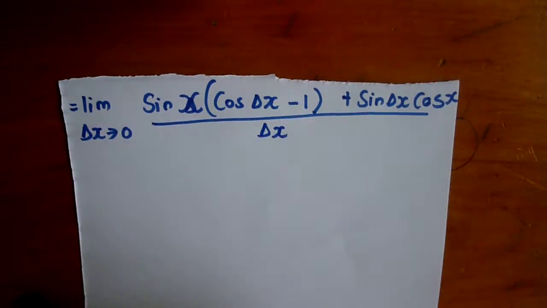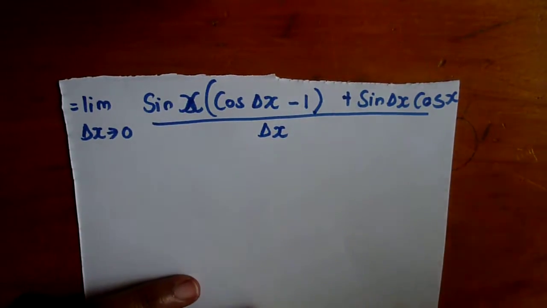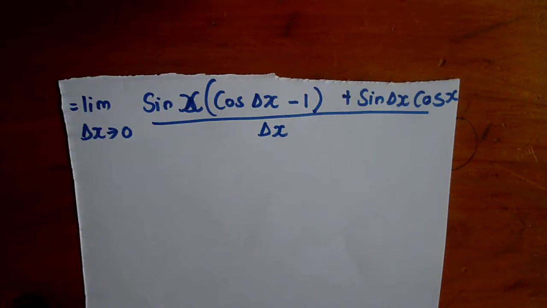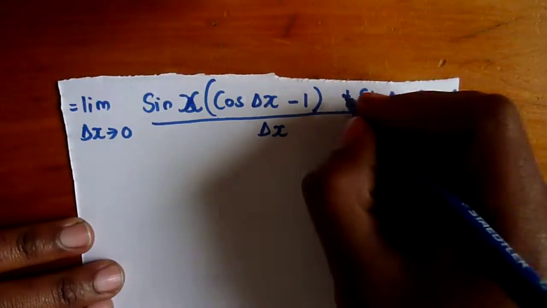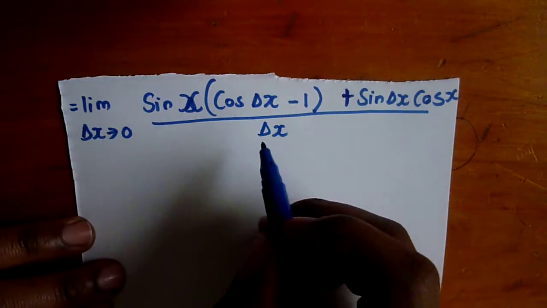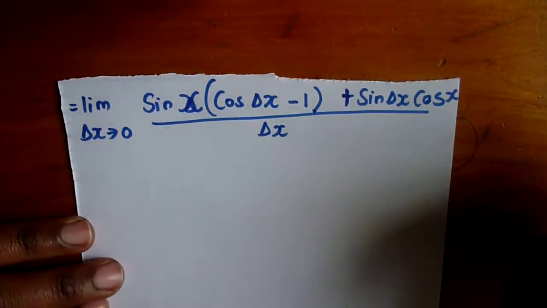What we just did was bring the two sine x terms together, and we still had the other term. We didn't put it away. From here, since we have a plus sign, it's okay for us to write this term under change in x and also this term under change in x.